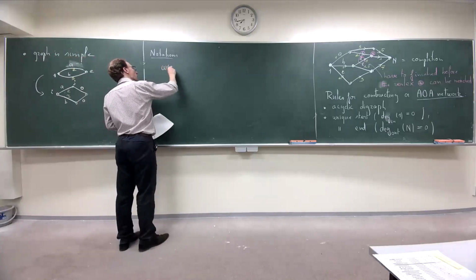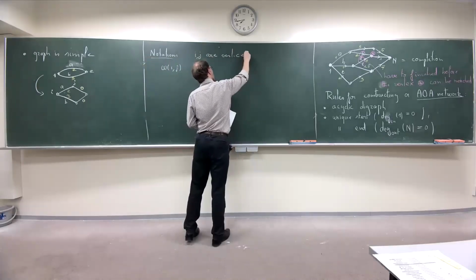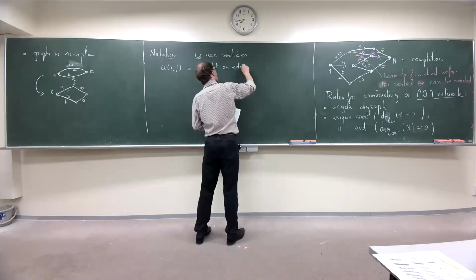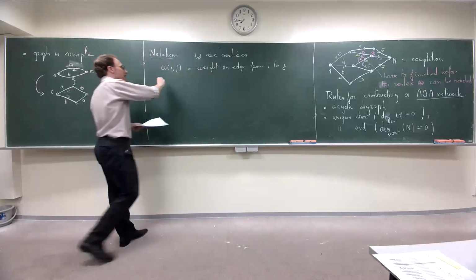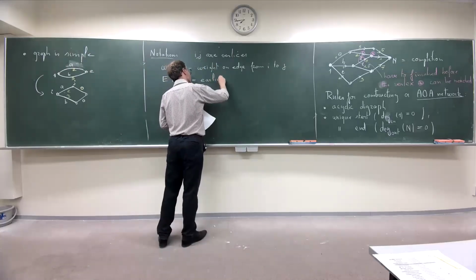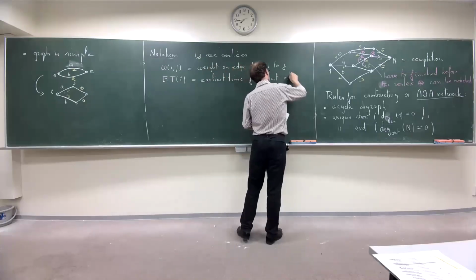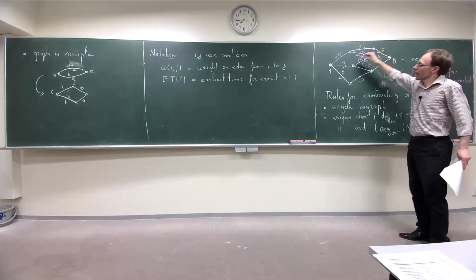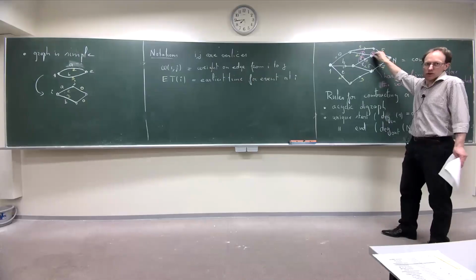So notation, omega of IJ, where I and J are vertices, is the weight on the edge from I to J. It's ordered, so I go from I to J. Then I define ET of I, which is the earliest time for the event at I. Indeed, for this vertex, you have to go through this and this, and through this and this before you can start the activity, or you can reach this point.